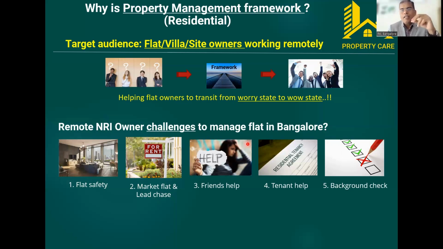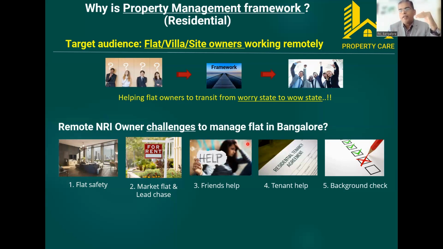See, this is another challenge. What we do is we take the Aadhaar card, and if you want a criminal history of the person, or credit history, and their background, we take some LinkedIn profile and validate whether they are from a genuine background or have any issues, or whether they pay the rent properly.